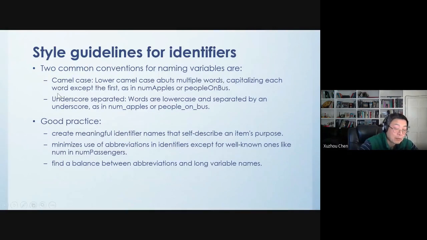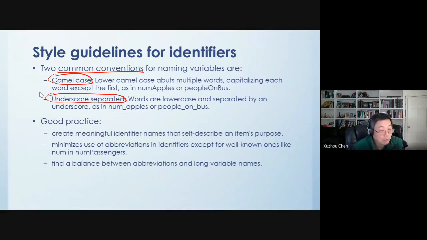Now there are two naming conventions for identifiers. One is called camel case. The other is called underscore separated. When you name an identifier, you have to make sure you create a meaningful identifier.